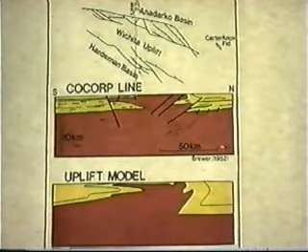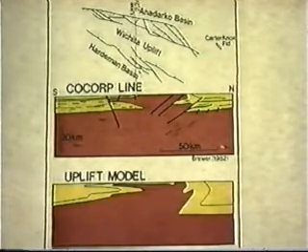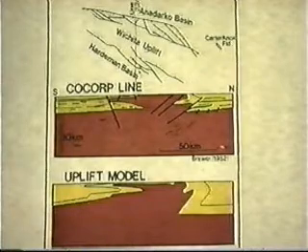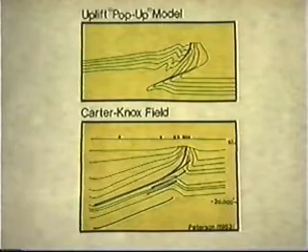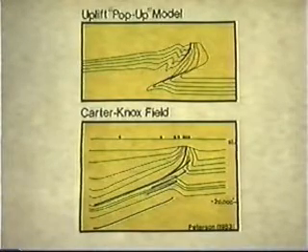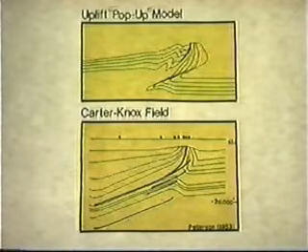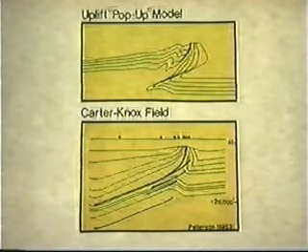Its approximate location relative to the major Wichita uplift is shown on the map. A cross-section through the Carter-Knox structure at the bottom of this figure reveals a strange-looking asymmetrical anticline.